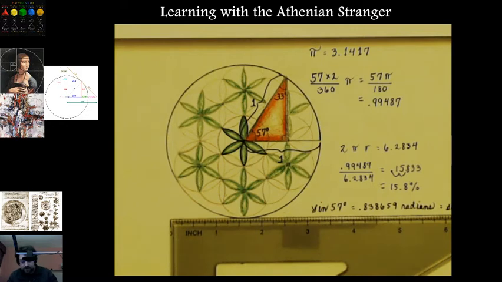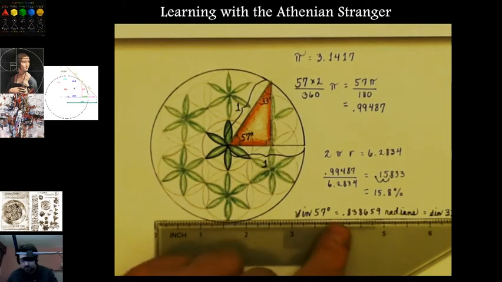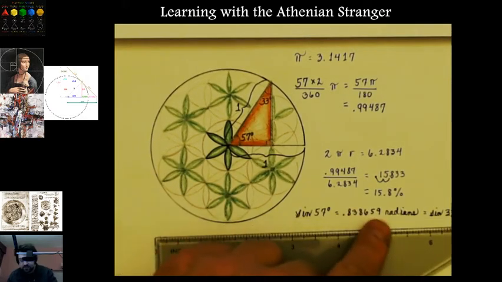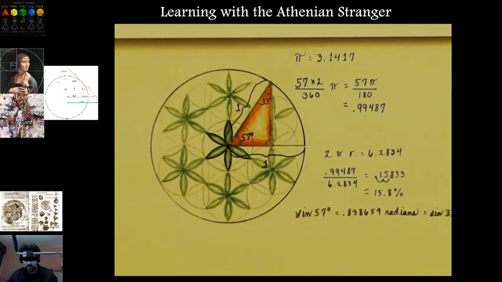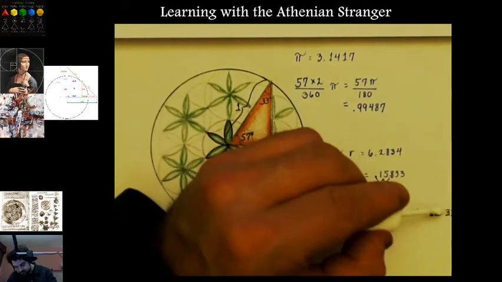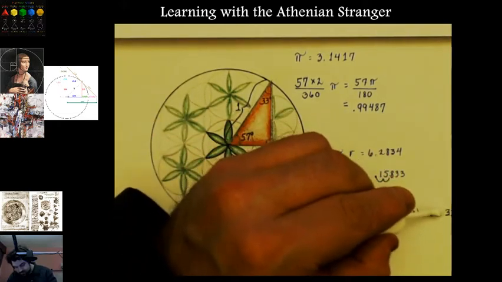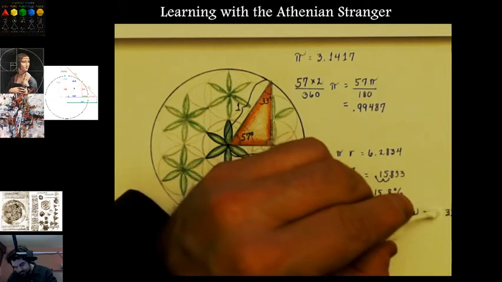So sine of 57 degrees equals 0.838659 radians, and that is equal to the cosine of 33. I just need to correct that.